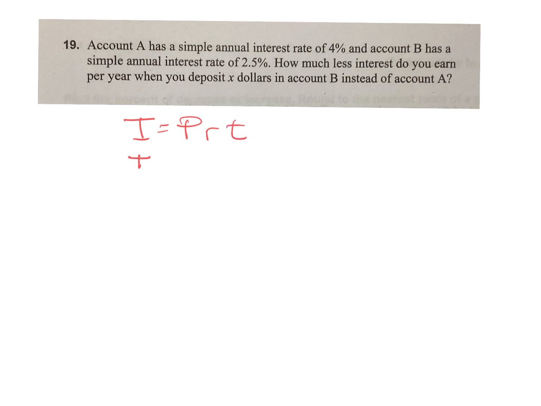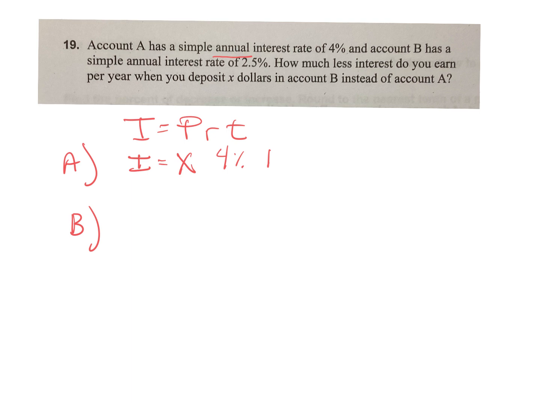Now let's do account A and account B. Account A, the interest, equals the principal, which is X dollars, and the rate for A is 4%, and the time is, because it's an annual interest rate and it doesn't tell us how many years, T is just 1 year.